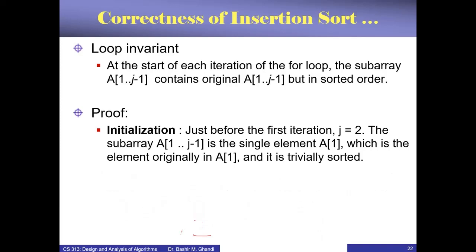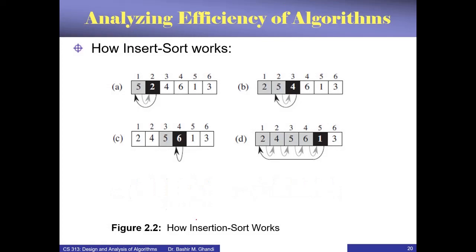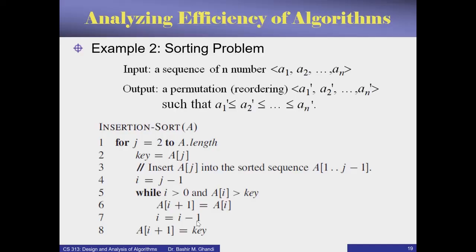Okay, just to remind you, the for loop goes from 2 until a dot length. So j will be taking values 2, 3, 4, and so on.